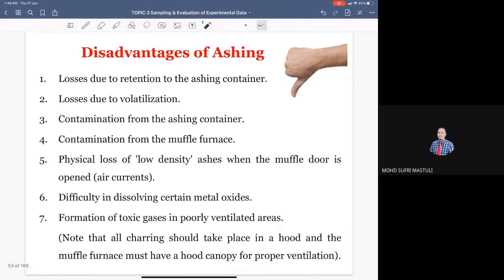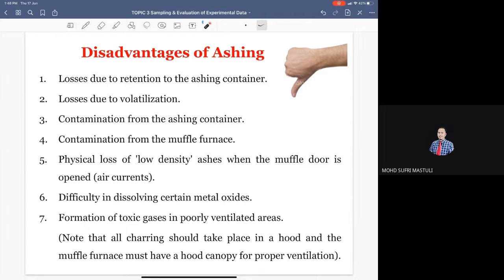However, etching also has disadvantages. When we do the etching, wet or dry, we will lose the analyte due to retention in the etching container. We will lose the analyte due to volatilization.